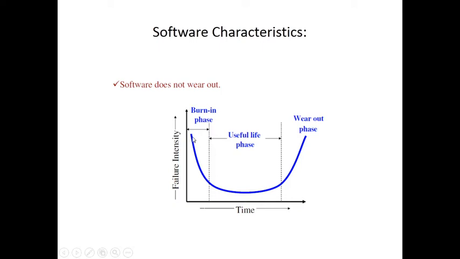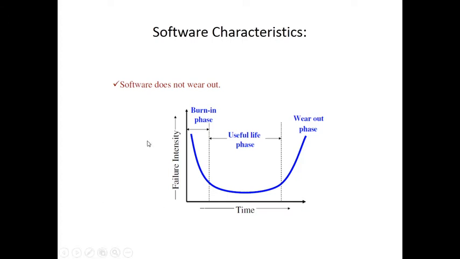Initially, when any hardware is developed, it is useless. Failure rate is high. We cannot use it. Say the components of a computer are built. Components I mean motherboard, processor, mouse, monitor, keyboard, CPU. Are they functional in themselves? No, they are not at all functional. So we say the failure rate is high.